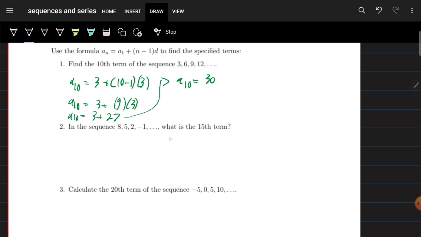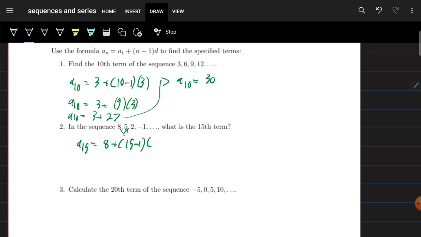All right, we want the 15th term here. So in the sequence 8, 5, negative 1, what is the 15th term? So we're going to write that a15 is first term plus 15 minus 1, because we want the 15th term, times the common difference.